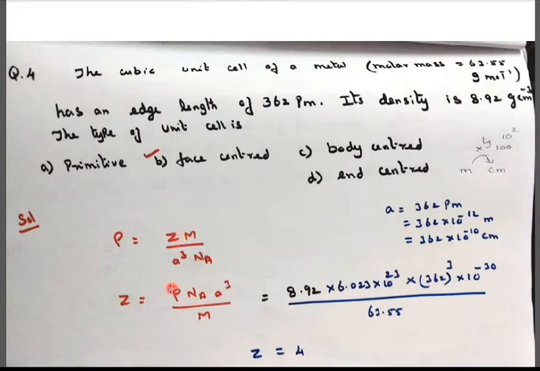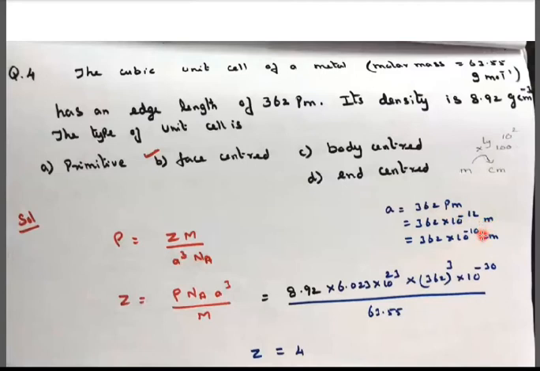So Z is equal to rho Na a cubed by M. Here the given value is density, 8.92 gram per centimeter cube, and Avogadro number we know 6.023 into 10 to the power 23, and edge length a value 362 picometer. 1 picometer is nothing but 10 to the power of minus 12 meter.